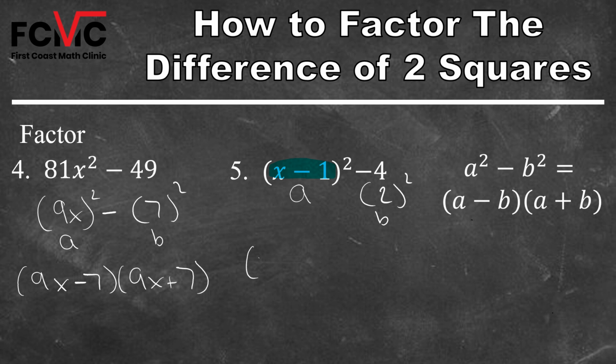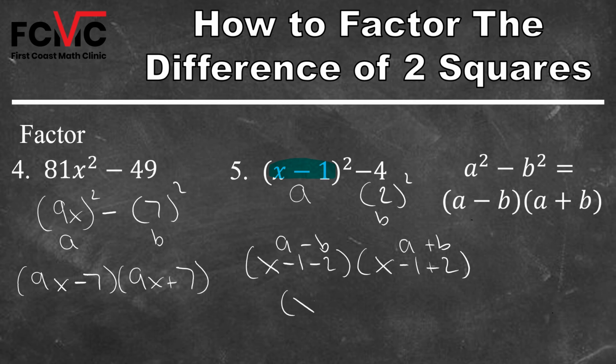So I can rewrite this as x minus 1 minus 2 times x minus 1 plus 2, that's my a minus b and a plus b. And then x minus 1 minus 2 gives me x minus 3, and then x plus 1.